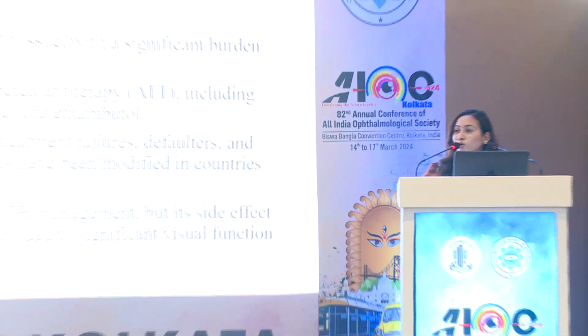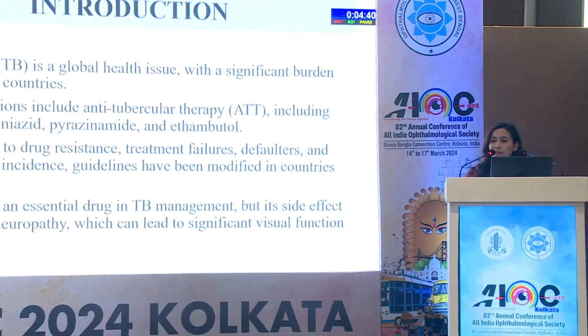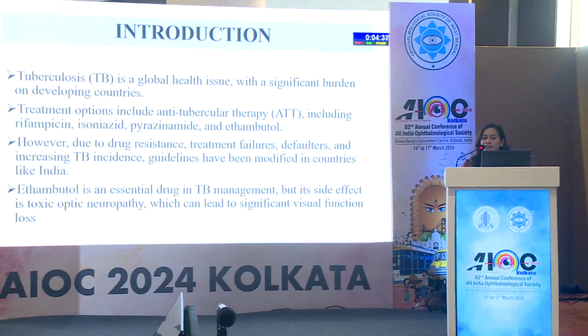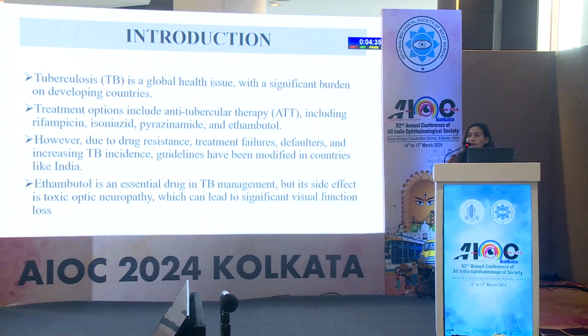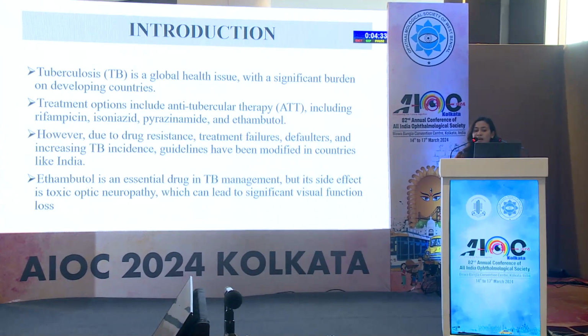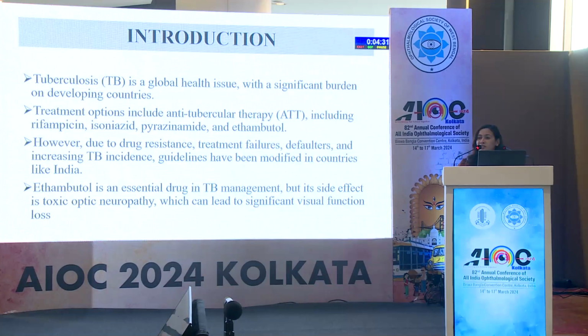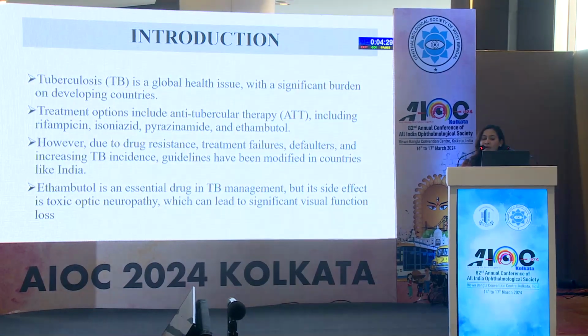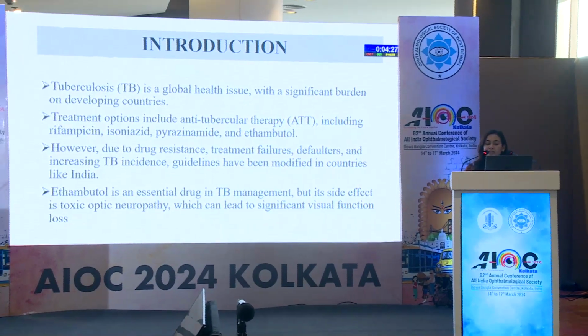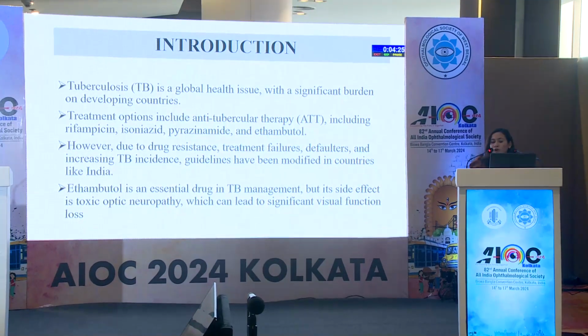Tuberculosis is considered a global health concern, and its treatment includes 4 drugs: rifampicin, isoniazid, pyrazinamide, and ethambutol. Due to the revised RNTCP 2016 guidelines, which consist of a daily regimen of ethambutol, concern has been raised about ethambutol-induced optic neuropathies.